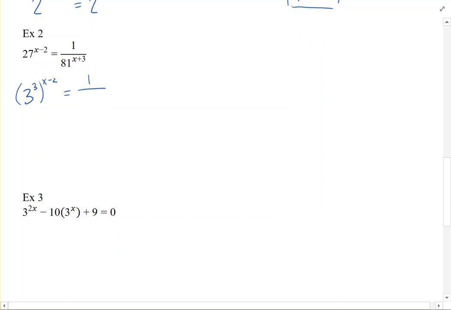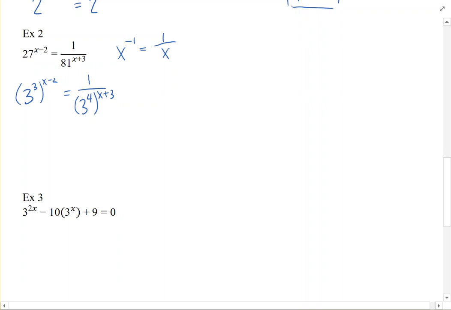81 is going to be 3 to the 4, and it's x plus 3. Now, when we have something that is 1 over, or the reciprocal, that is also to the negative 1. For example, if you remember, x to the power of negative 1 is equal to 1 over x, right?